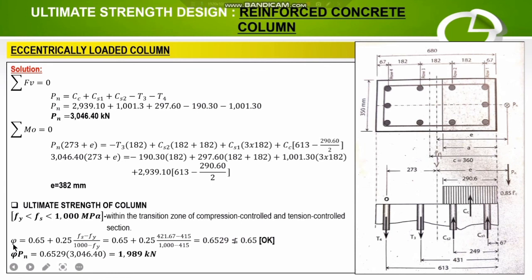So our phi, or the strength reduction factor, is not less than 0.65, therefore it is acceptable. Then finally, our ultimate strength phi Pn is equal to 0.6529 times 3046.40, which is equal to 1989 kilonewtons. So 1989 kilonewtons is the value of the ultimate strength of the column.